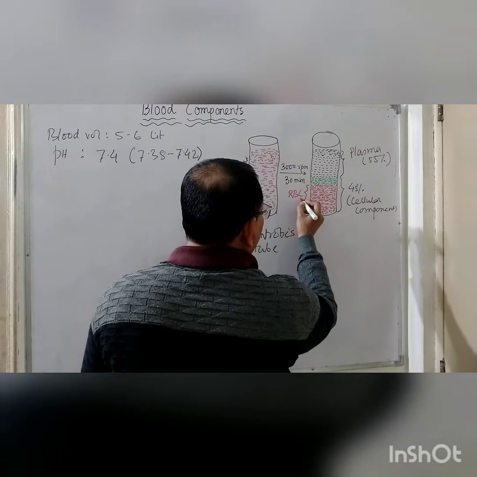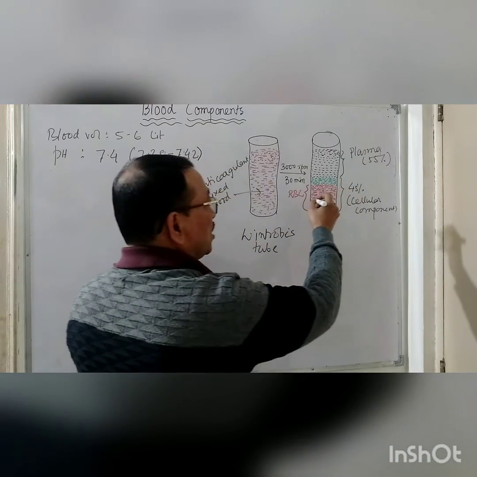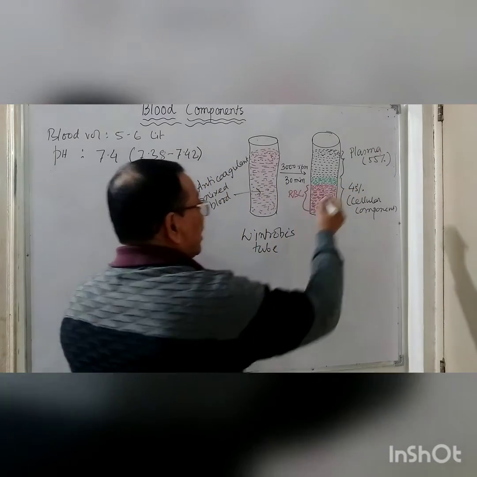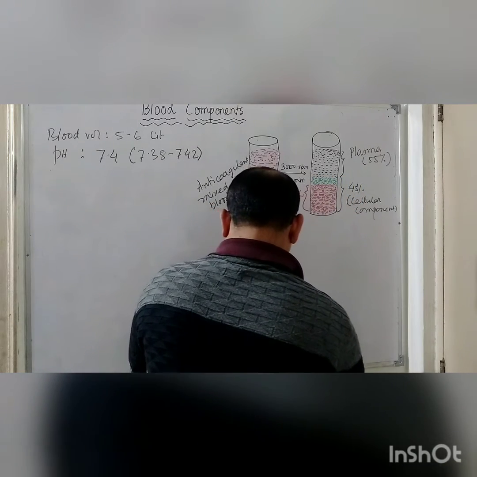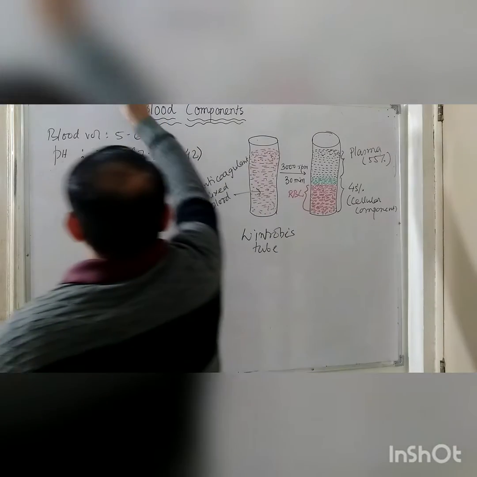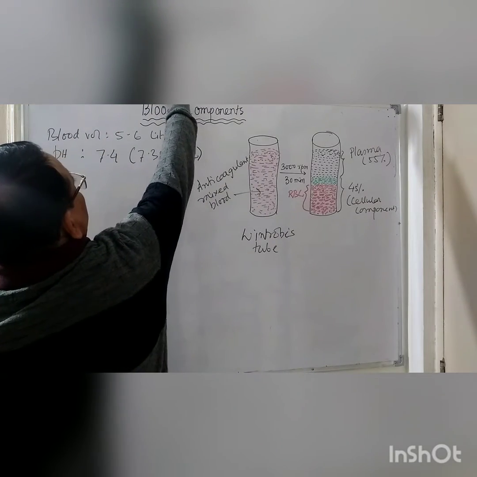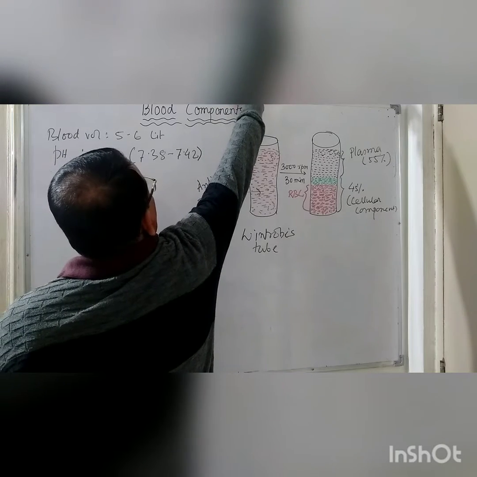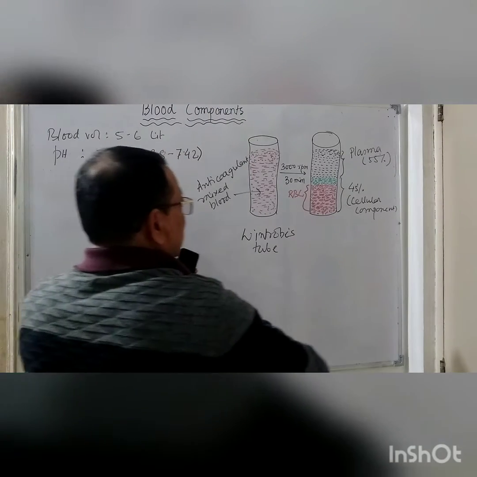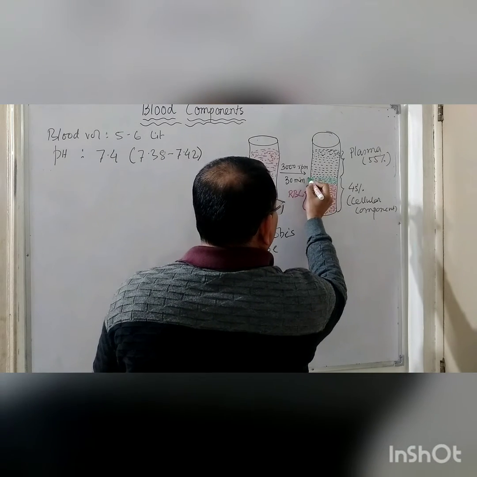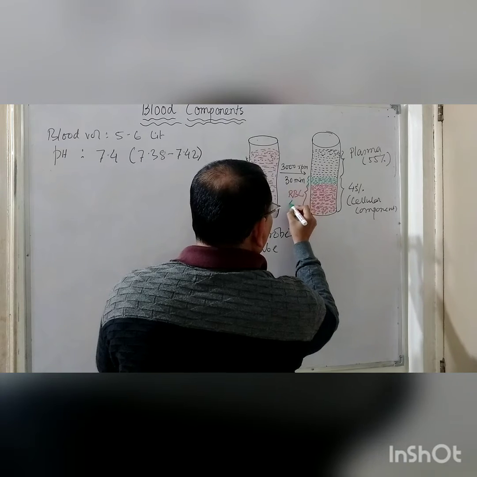So RBCs are settled at the bottom-most part of the tube, and this RBC is around 44%.